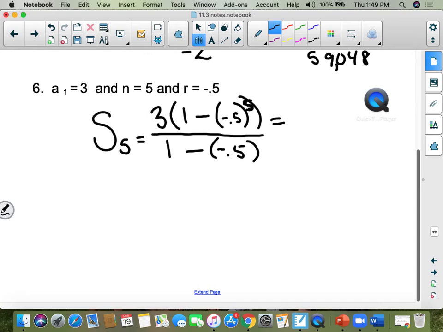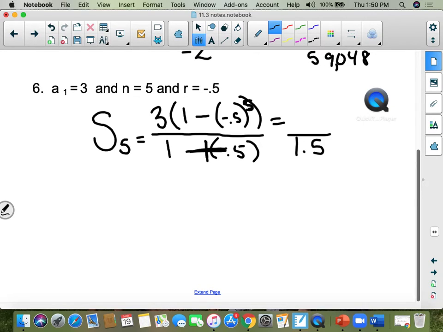So what I would do is I would make 2 negatives equal a positive. This is really 1.5 in the denominator. I always simplify the denominator first. I would plug this all into your calculator, so I'll wait for you guys. Okay, here we go.